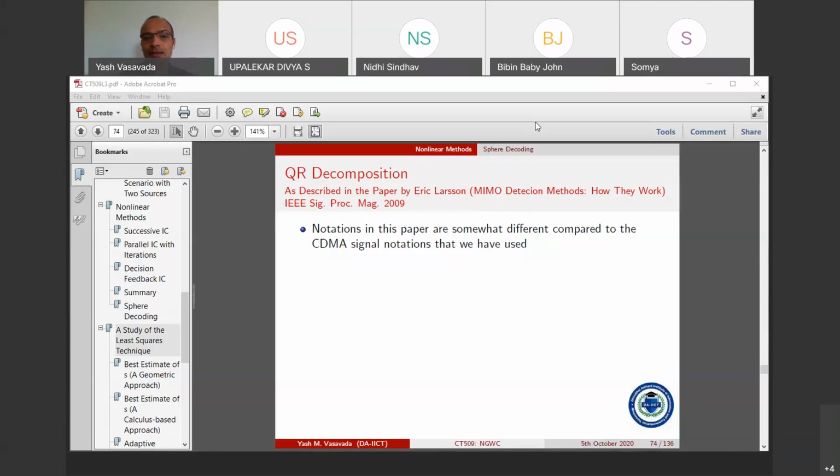In contrast to that, the sphere decoding algorithm that we are going to look at now, I don't think it falls into either of these 2 categories. It is definitely not a linear algorithm, and I wouldn't say it has any relation to SIC or multi-stage or decision feedback IC.